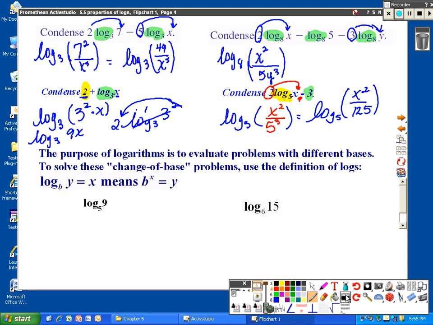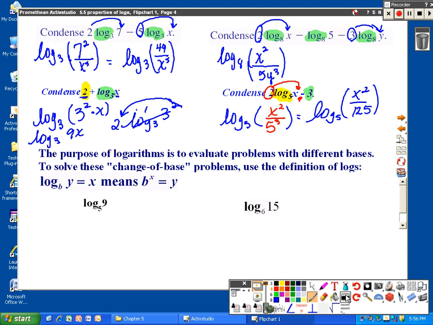Okay, why do we even study logs? Well, the purpose is because not all bases can be written as the same base to an exponent. So that's why we use logs, so that we can evaluate it when we have different bases.